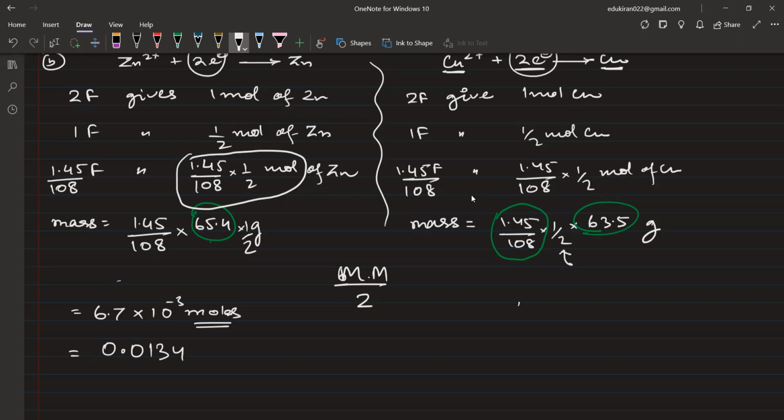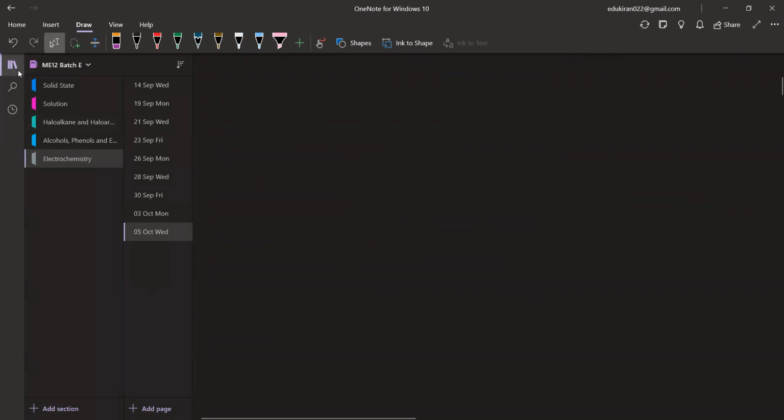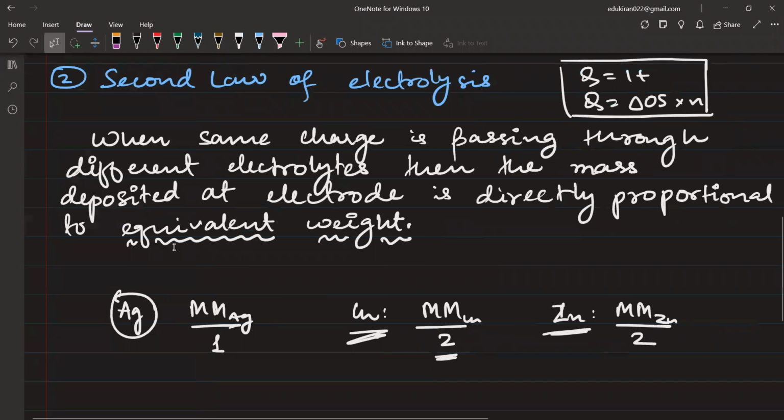Okay, so you can see that 0.0067 multiplied by 2 is equal to 0.0134. So the number of moles of zinc that is being produced is half of Ag. The number of moles of zinc will be half of Ag. Okay, that's the meaning of the second law of electrolysis. It is directly proportional to the equivalent weight.